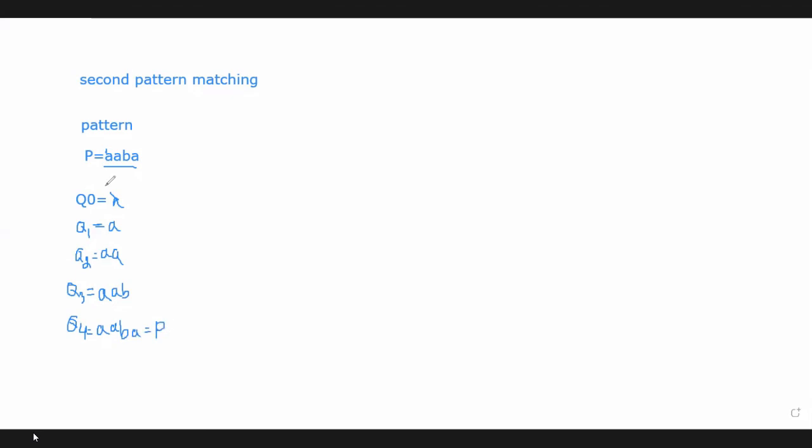Okay, so now we have to create a table. Suppose we have a text, and the characters of the text can be A, B, C, D, or any other value. Yes, ma'am. So we just have to take all the states here, that is Q0, Q1, Q2, Q3, and Q4.